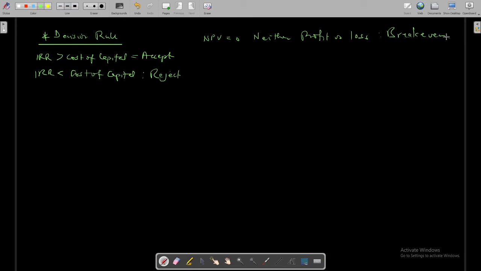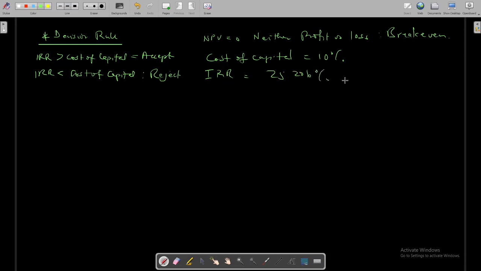Now let's use our example that we did earlier on. The project cost of capital was equal to 10%. But the internal rate of return computed was 25.206%.